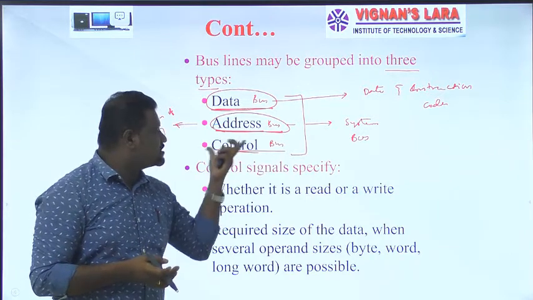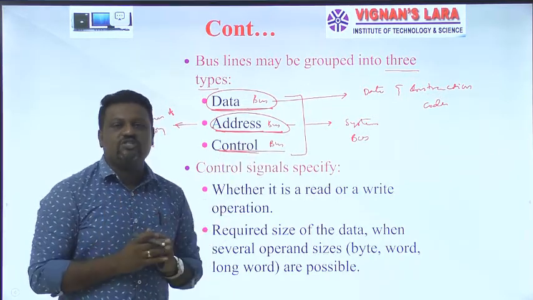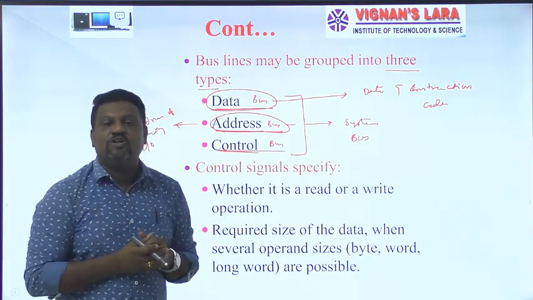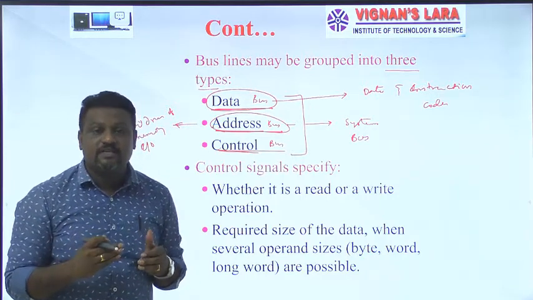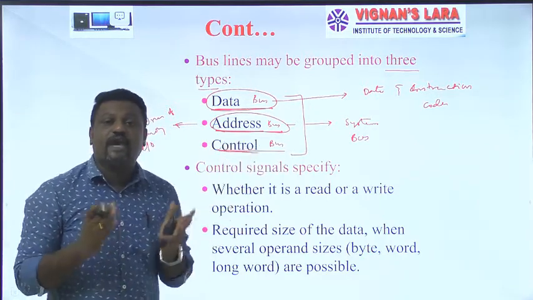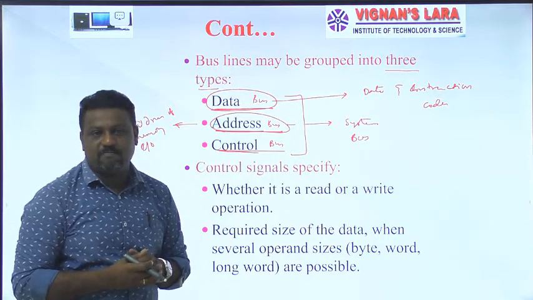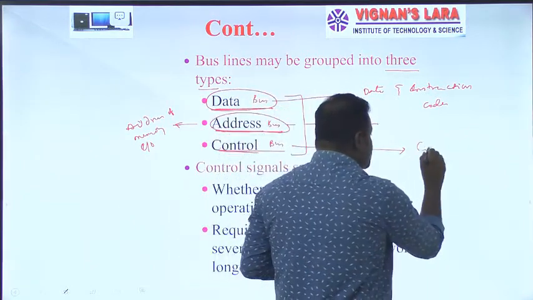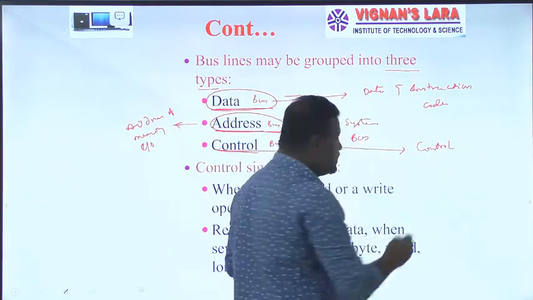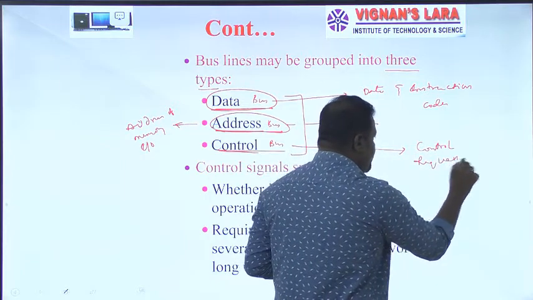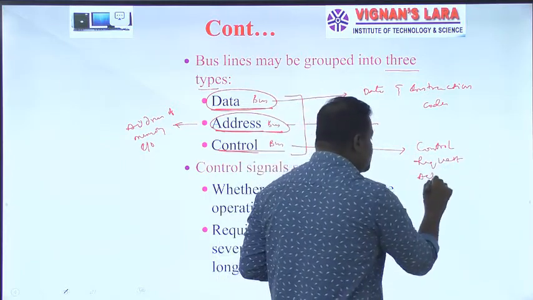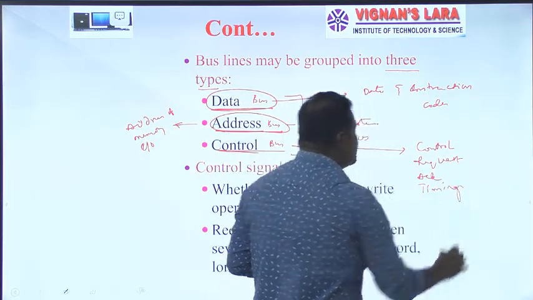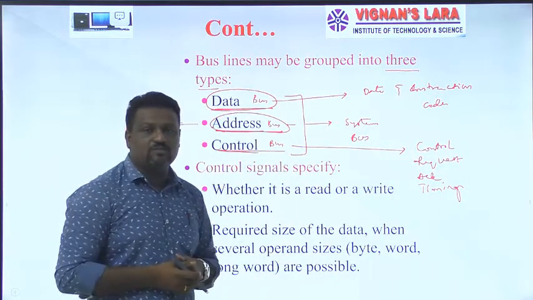You remember, friends, this control bus not only carries the control signals, it also carries the request signals, acknowledgement signals, as well as timing signals. These are the different varieties of signals carried by the control bus.